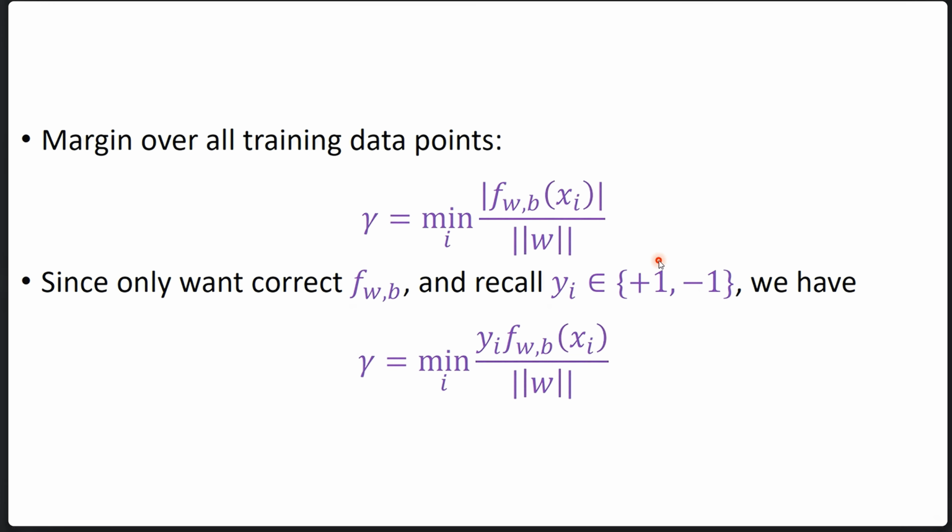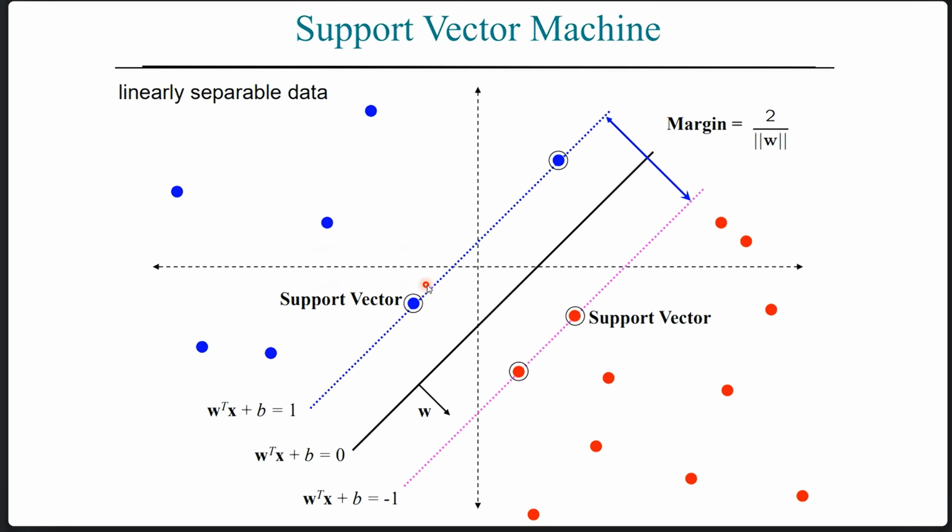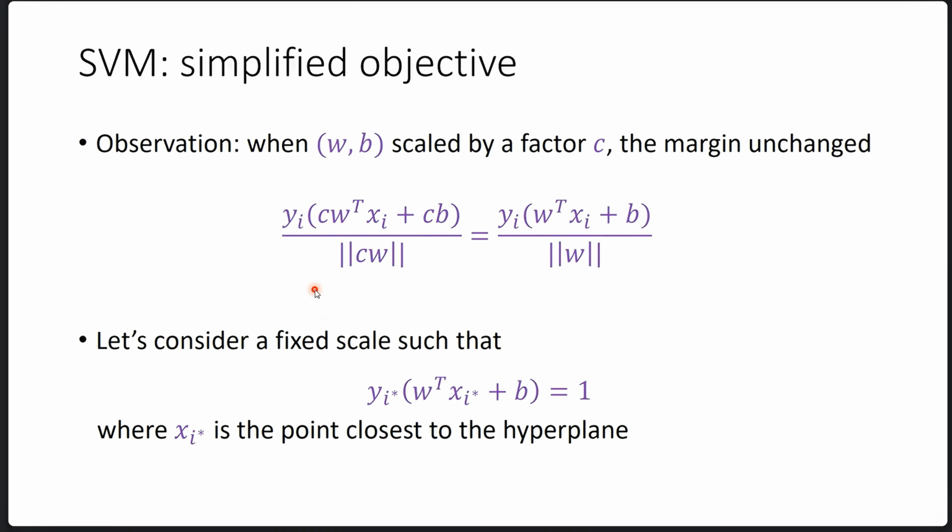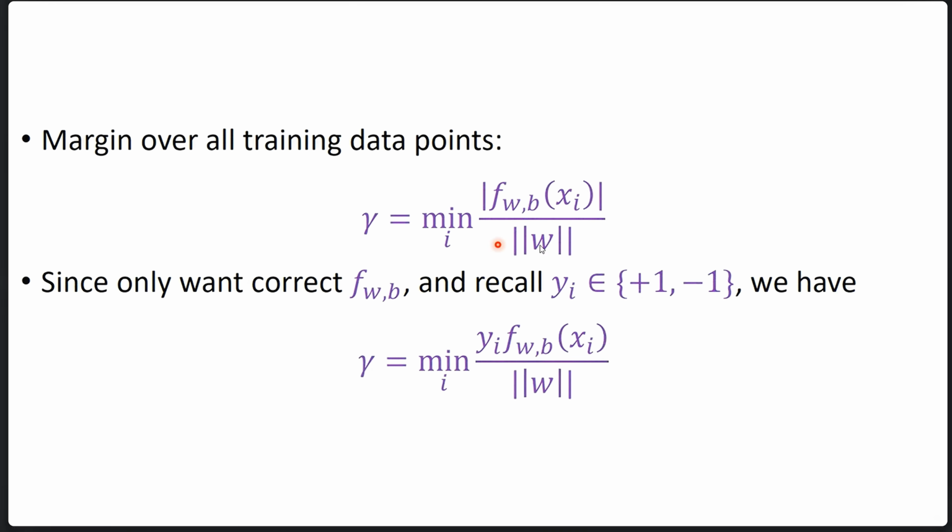So, what is the goal of the perfect boundary? The goal is to maximize the margin, right? This distance. Now, how do you actually signify this distance? Let's call that margin distance gamma. So that margin is basically the minimum distance of the hyperplane to the points, the closest distance.